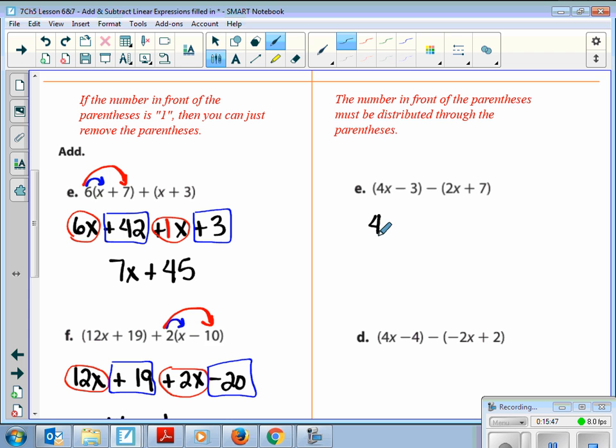So we end up with 4x minus 3. Then over here, we've got a negative 1 in front of the parentheses, so we have to distribute. So negative 1 times 2x is negative 2x. And then negative 1 times a positive 7 gives me a negative 7. And once again, we can combine our like terms.